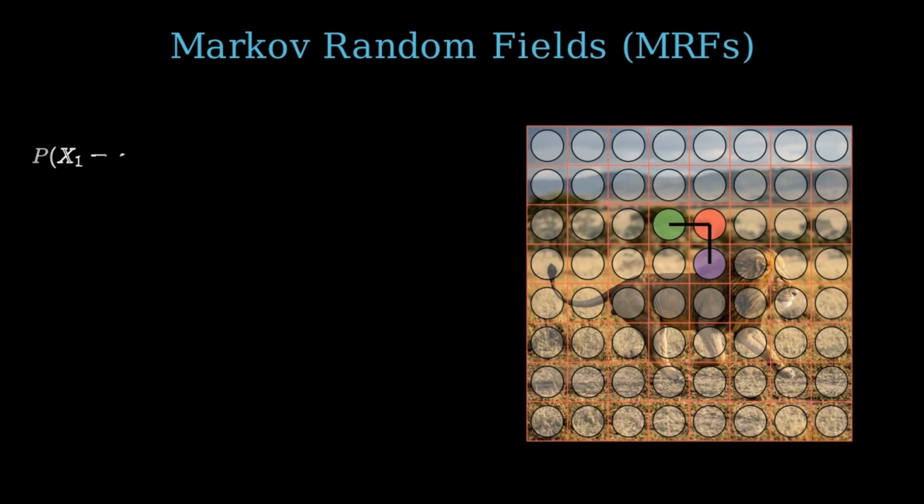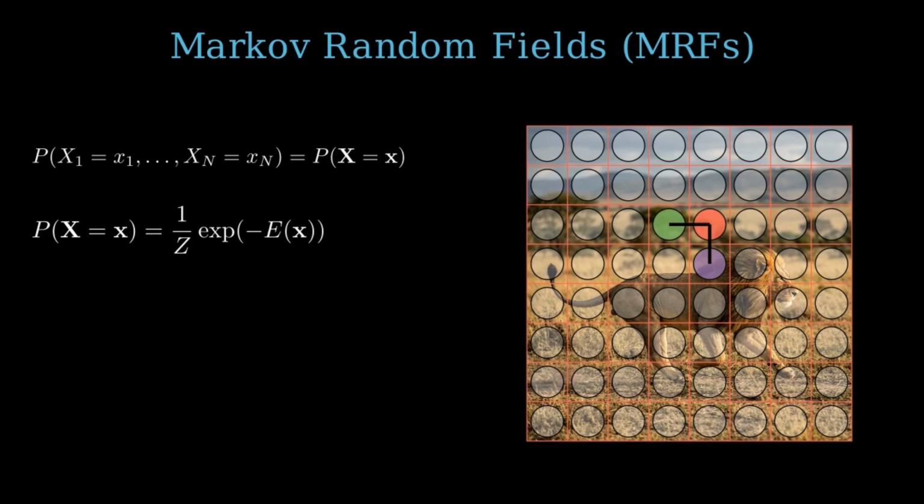But how do we find the most realistic image out of all possible token combinations? In this framework, the probability of generating a specific image configuration is defined by a Boltzmann distribution. This distribution tells us that the probability is proportional to the exponential of negative energy. Because our ultimate goal is to generate highly probable, photorealistic images, we want to maximize this probability.